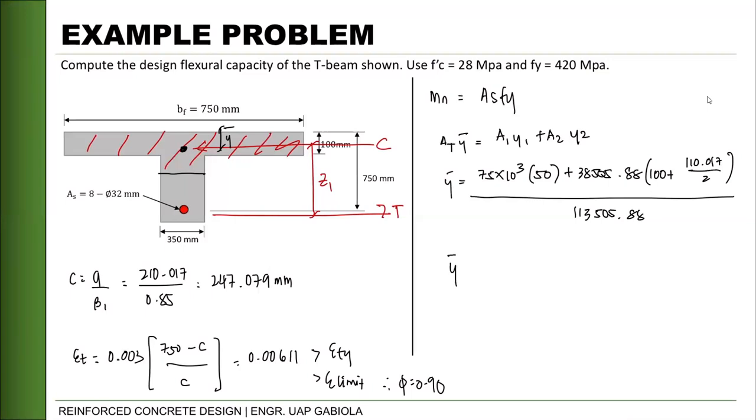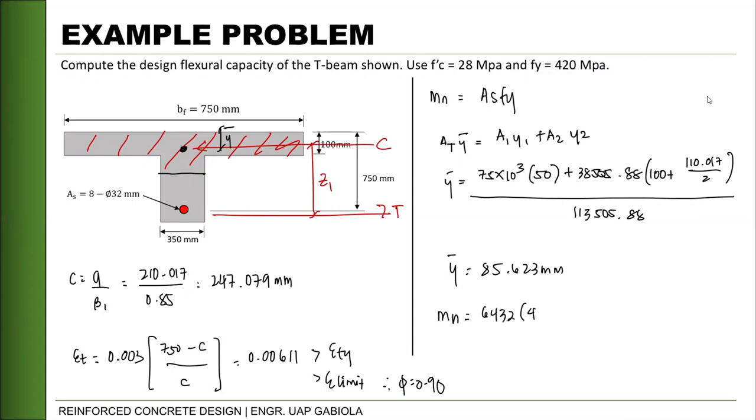So our bar Y is equal to 75,000 times 50 plus 38,505.88 times 100 plus 110.017 over 2, then divided by 113,505.88. That is 85.623 mm.